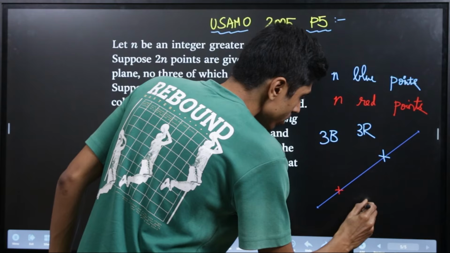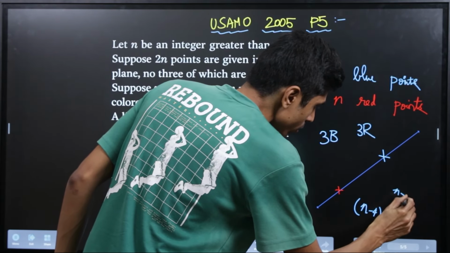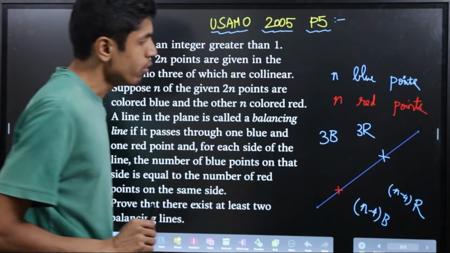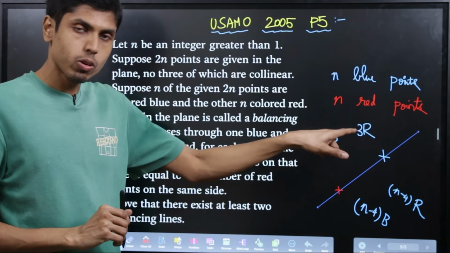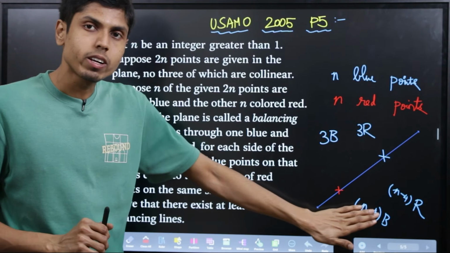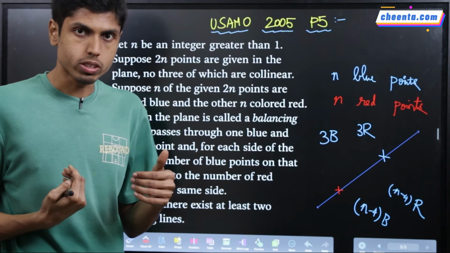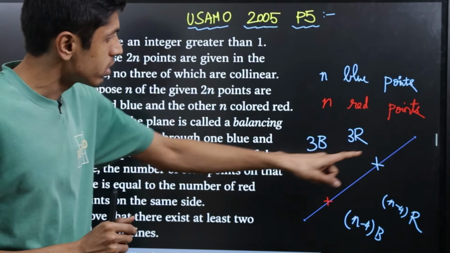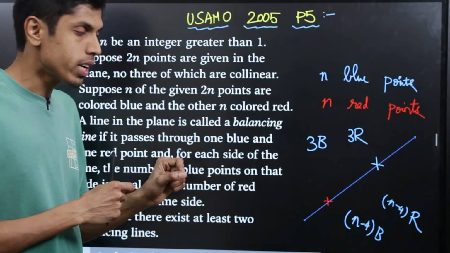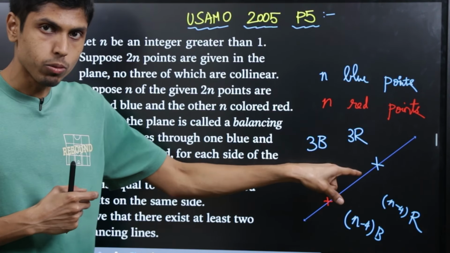So on the other side, you will have n-4 blue and n-4 red. If you focus on one side of the line and make both equal, it will automatically render the other side to have equal red and blue points. So we are just going to focus on one side because the balancing line itself contains 2 colors in equal number, one red and one blue.